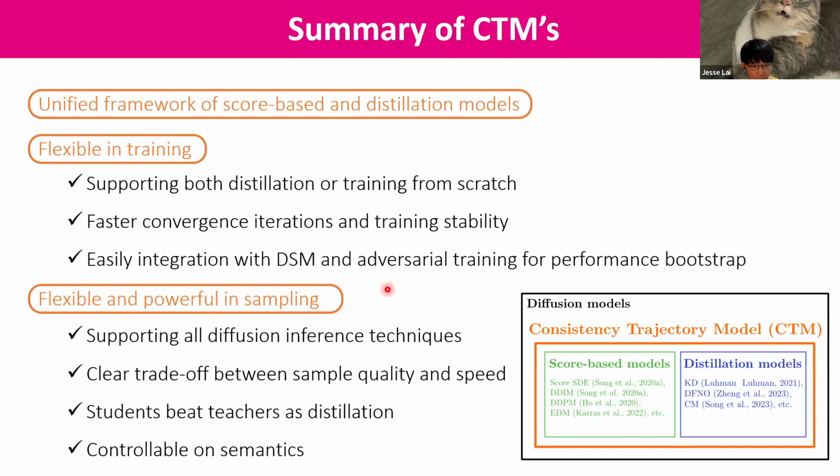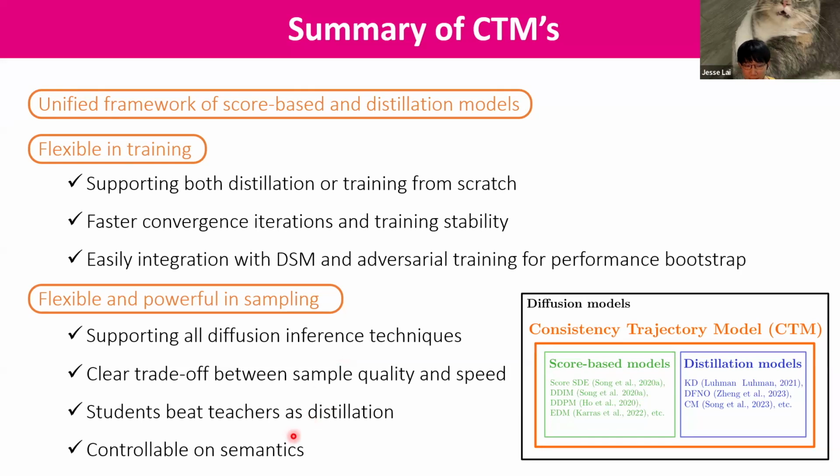In terms of sampling, because the CTM knows the entire solution trajectory, at one extreme is the slope. So you can use whatever well-developed inference technique in the diffusion model community. And we can have a clear trade-off between the sampling quality and the speed, like the curve I showed you.